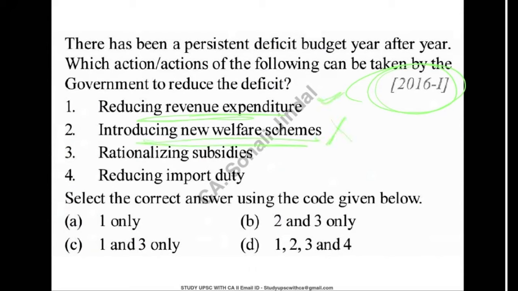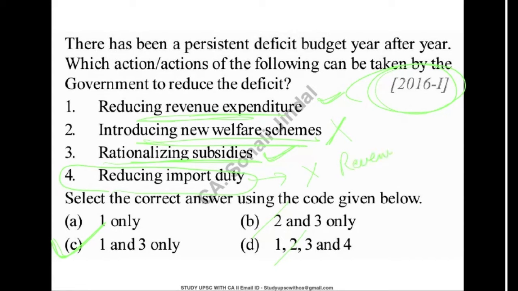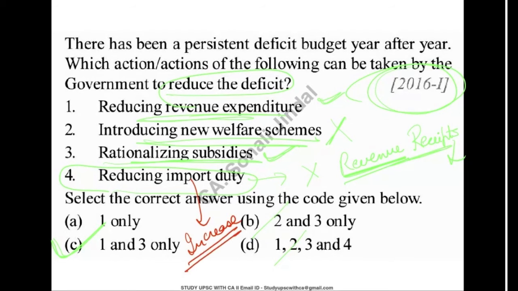Introducing new welfare schemes? No, it will increase the government expenditure. Rationalizing subsidy? Yes. You need to eliminate 2, and you will be left with C. Reducing import duty? No, and it will reduce the revenue receipts, but to reduce the deficit, we have to increase it.